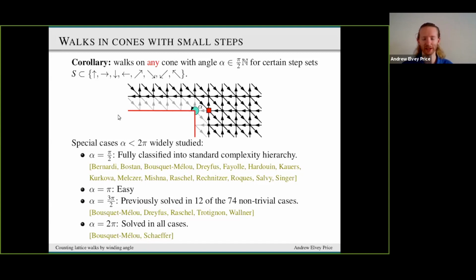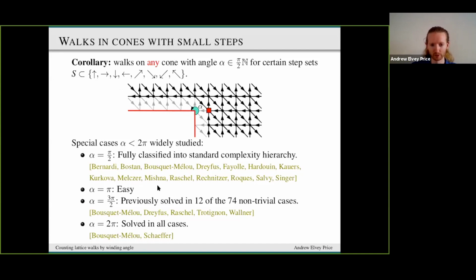I should remember the exact year, but oh well. They proved that there were 79 different non-trivial and non-symmetric step sets.